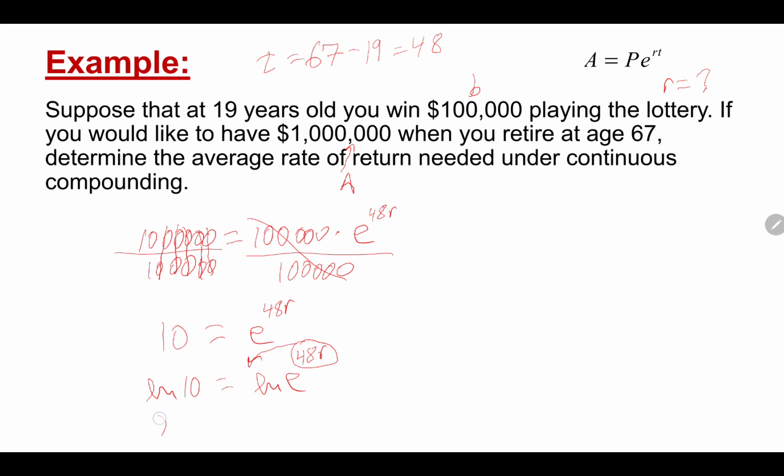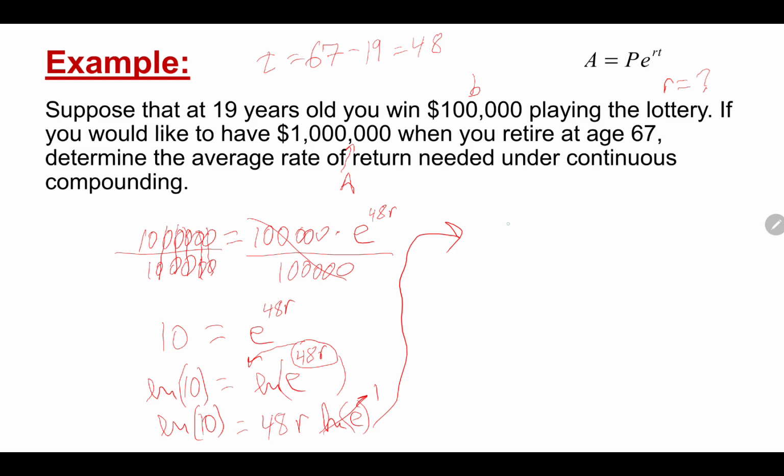So this becomes ln of 10 equal to 48r ln of e. Again, ln of e goes to 1. So that's just 48r.